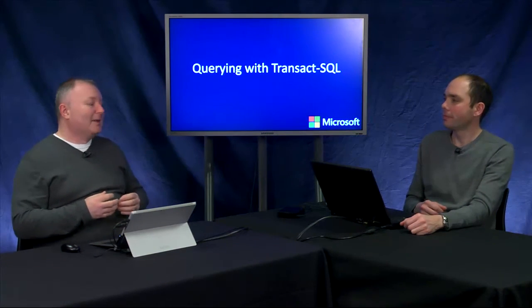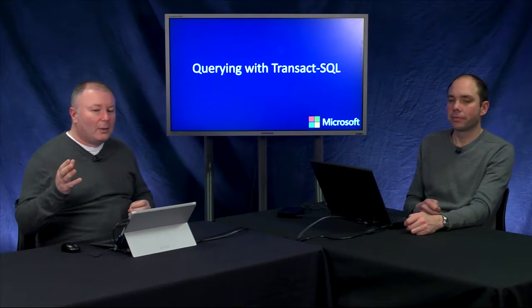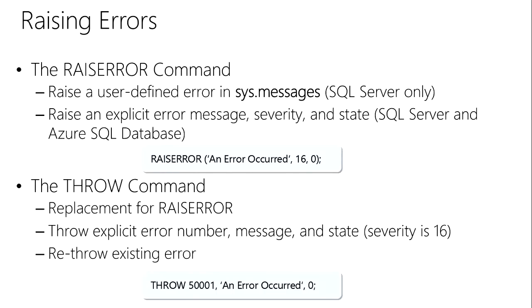Exactly, yes. So one of the things we can do, we can do this throw and a custom error number above 50,000 and a custom message and state. The other thing I can do is if an error occurs that I'm not expecting, we'll see in a minute how to catch that error, and what I can then do is just simply rethrow the error that happened. And you might think, well, why would I do that?